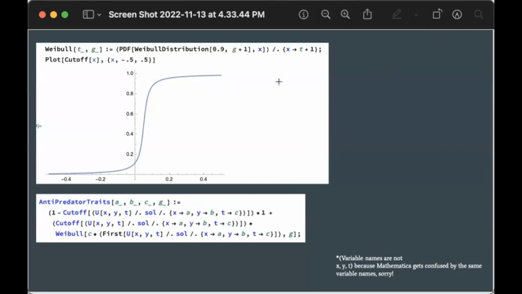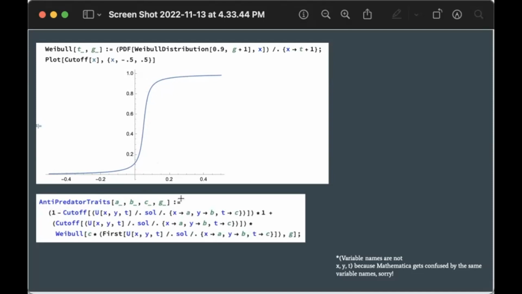Here's the in-depth explanation of the choices that we made in making the anti-predator traits function. We want the animals' anti-predator traits to decrease only after the human presence has surpassed a given level. And so to account for this, we created a cutoff function that ranges from 0 to 1, and it goes to 1 at about 0.15, which is the threshold that we have chosen.